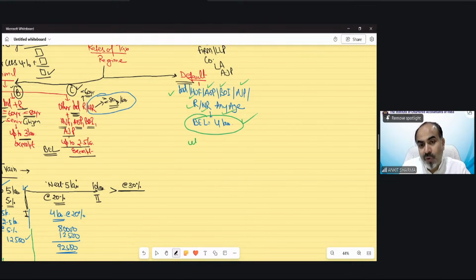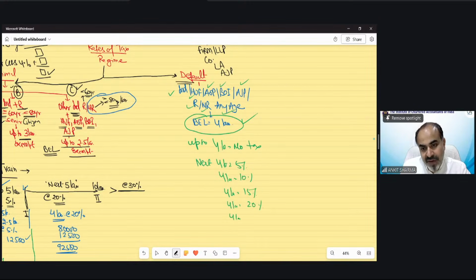So up to 4 lakh, no tax. For the next 4 lakh, the rate is 5%. Then for the next 4 lakh, the rate is 10%. Then for the next 4 lakh, the rate is 15%. Then for the next 4 lakh, the rate is 20%.